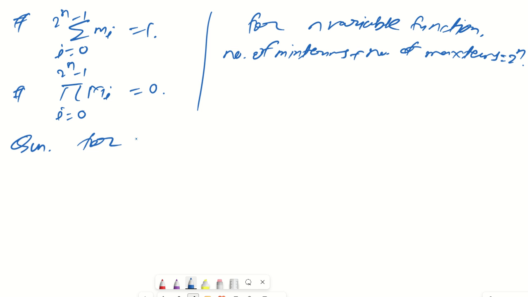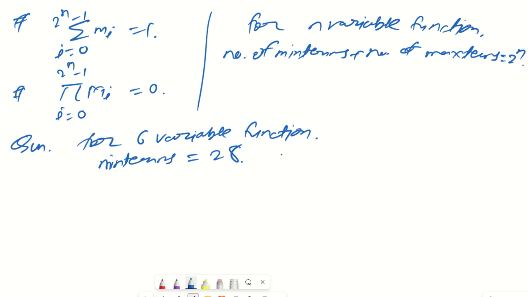Okay, so the question is, for a 6 variable function, the min terms are 28. How many max terms are there in the expression?